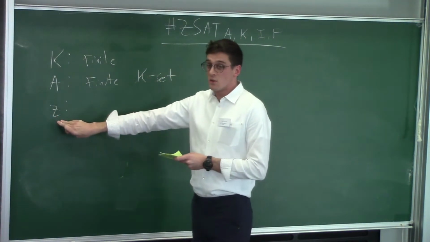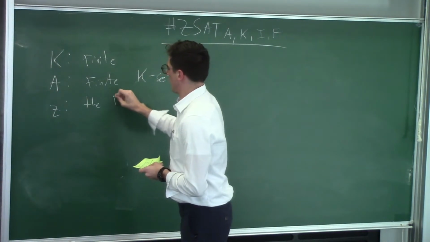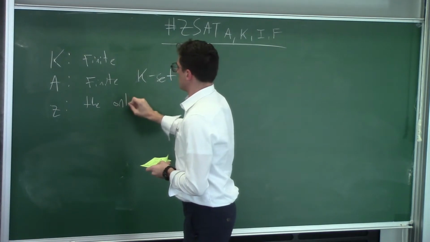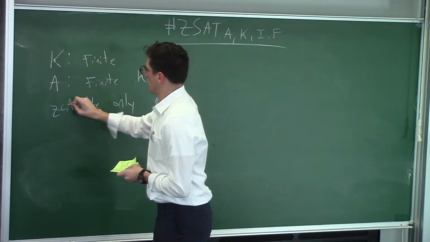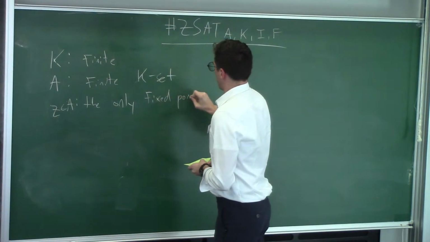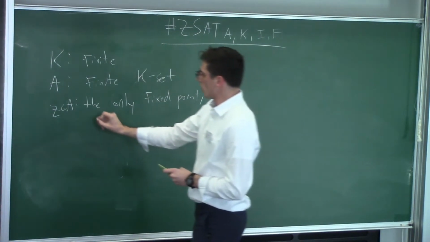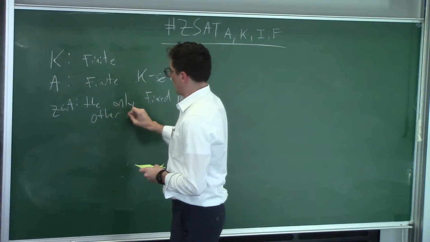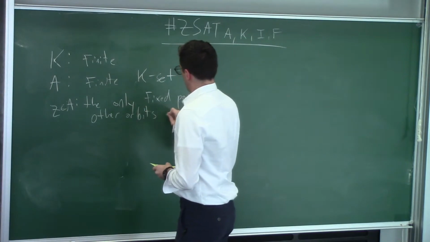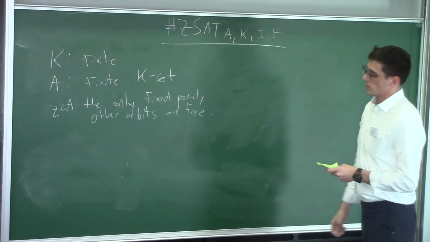There's going to be a single fixed point of the action of K on A. We call it Z. So Z is in A, and this is the only fixed point. And moreover, the other orbits are free. We'll get back to why that's perfect.